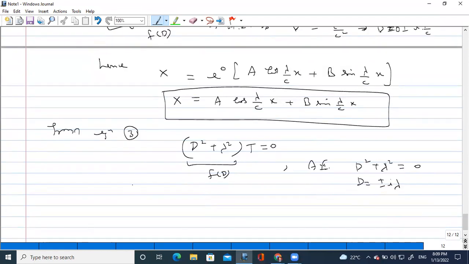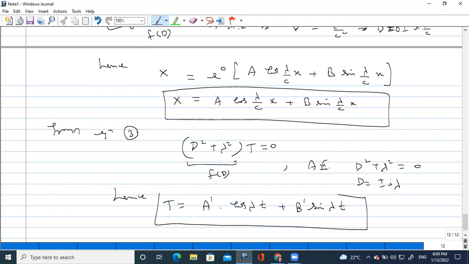So the t solution will be, here also because e to the power 0, in place of a I can take a dash, that is also a constant, a dash into cos lambda t plus b dash into sin lambda t, because here the variable is small t, while there the variable was small x. So this is the t. Now t and x both are found.